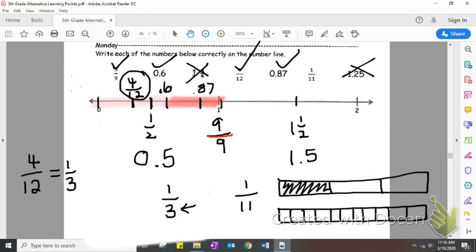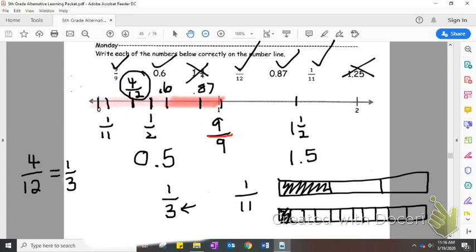They're not equivalent. Sorry about that. But you can at least see that 11ths are definitely a lot smaller than thirds. That's why comparing unit fractions is a lot easier. So 1/11, it's a lot smaller than 1/3. Okay, we're not done though.